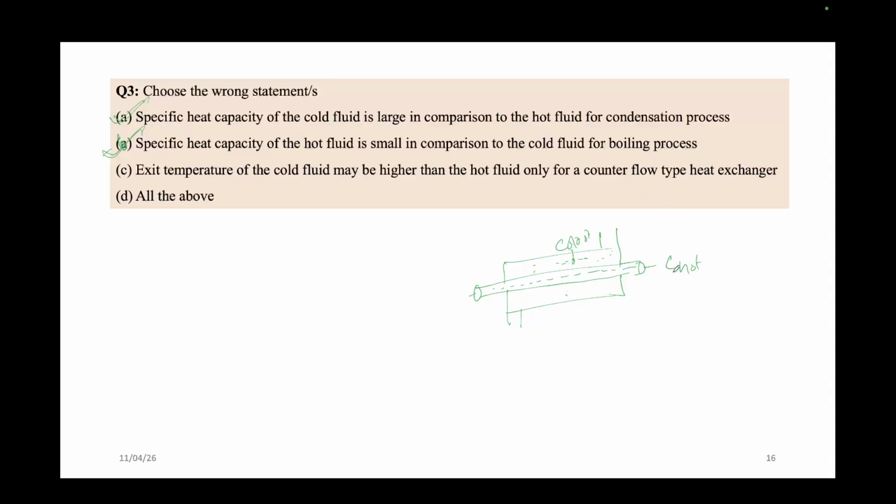So that means the Cc of the hot side should be more or small. Just a minute. Let me compare to the cold fluid for the boiling process. Okay, I got this thing. So the thing is that, okay, just a minute.